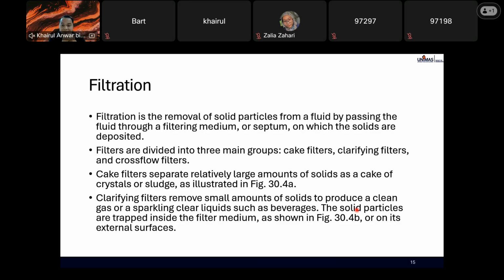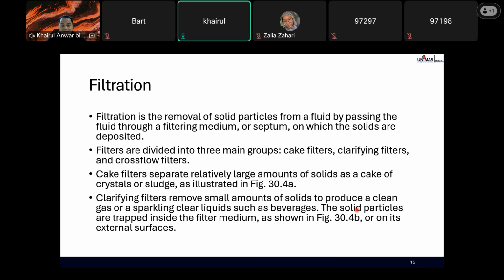Those that cannot pass the filter will form another thing like the cake filter. The cake filter separates a large amount of solid as a cake of crystal or sludge.